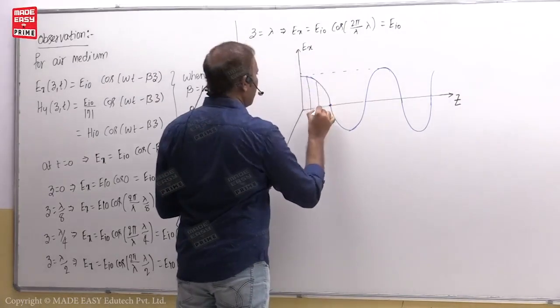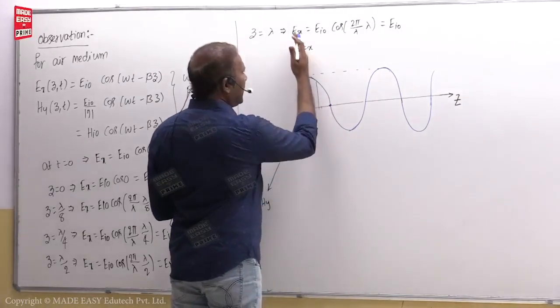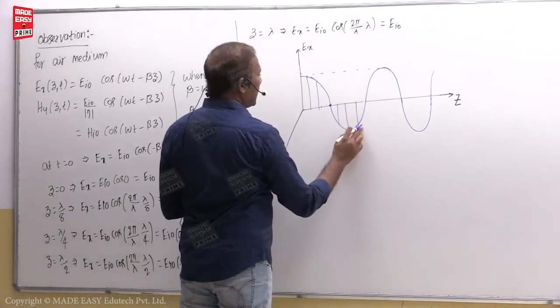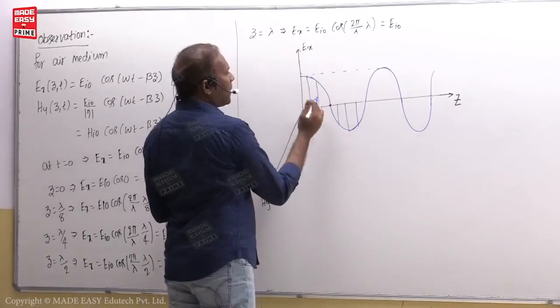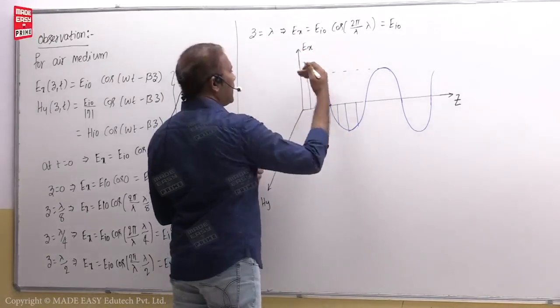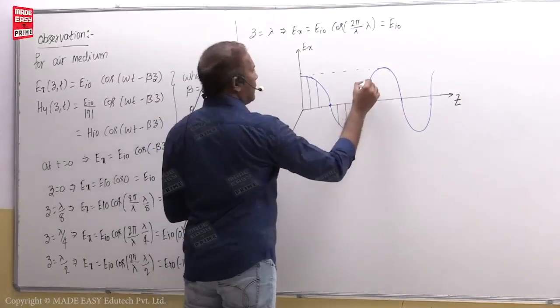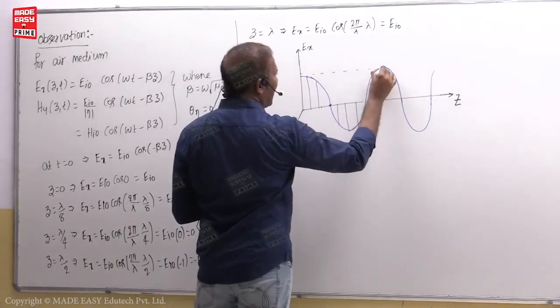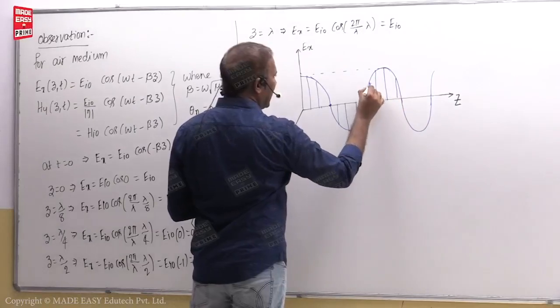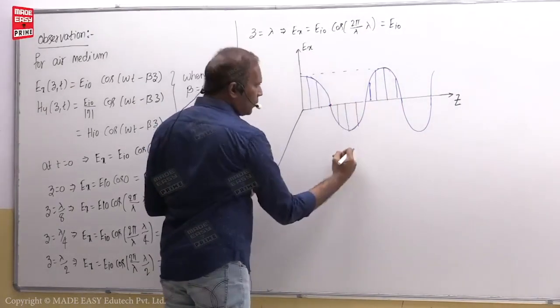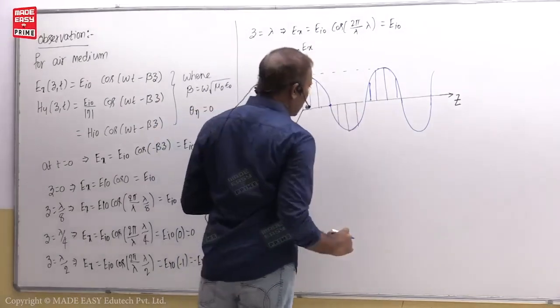You see, no? These lines are parallel to the Ex axis, because the electric field X component is positive on this side and the X component is negative on the downside. So vertical lines I am drawing means the electric field is positive on this side, and the electric field value is negative on this side. That is the meaning of that.